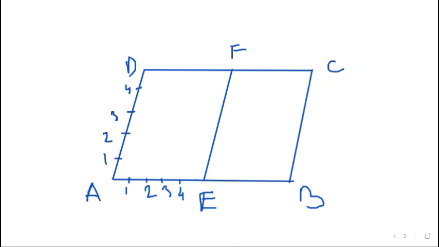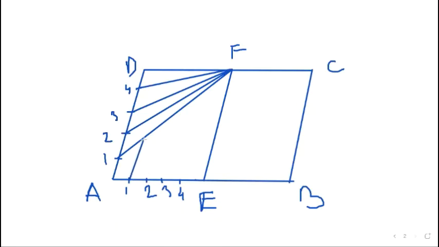Okay. Now, first we join F with 1, F with 2, F with 3, F with 4. Okay. And from this one point, draw the line parallel to the AD up to the F1 line.